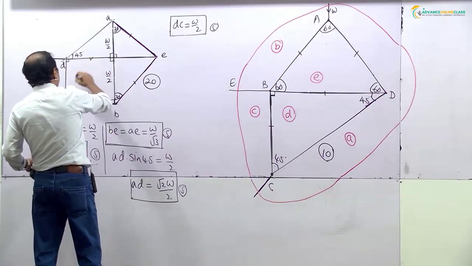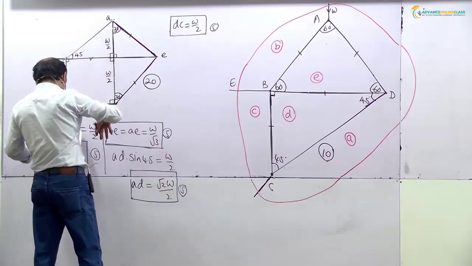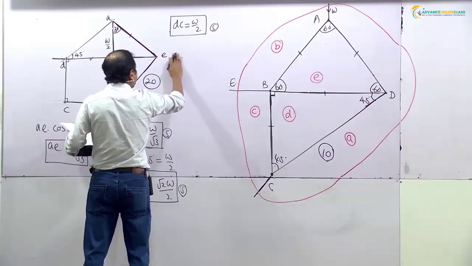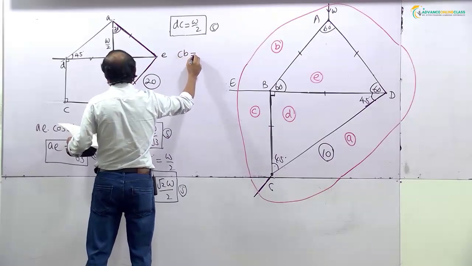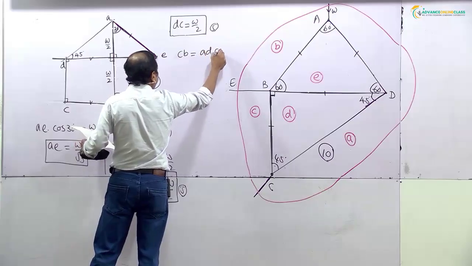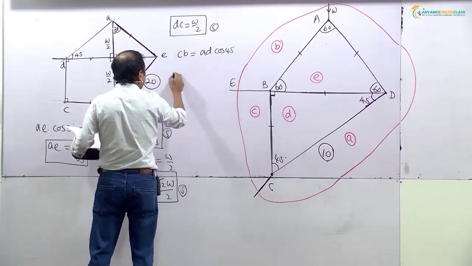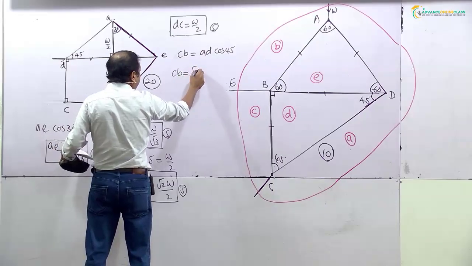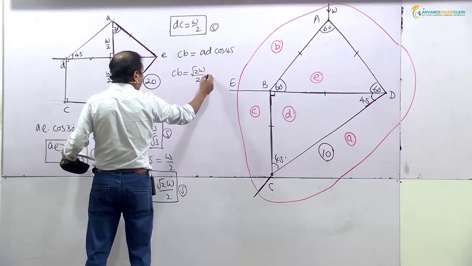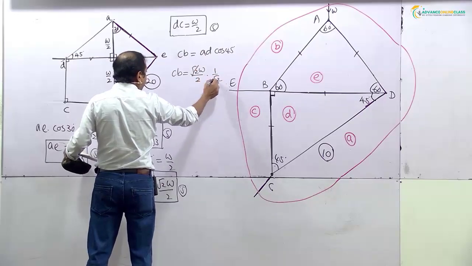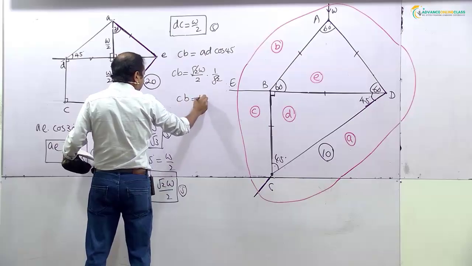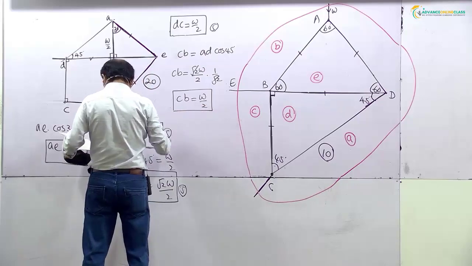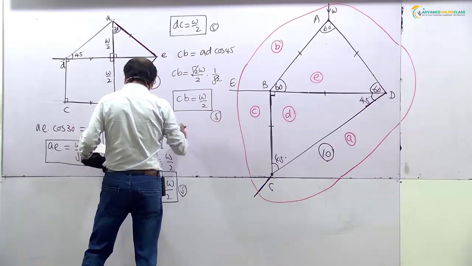This length and this length being equal. CB is AB, AD cos 45. AD we found root 2 W over 2, cos 45 is 1 over root 2, so W by 2. Right. For this also 5 marks.